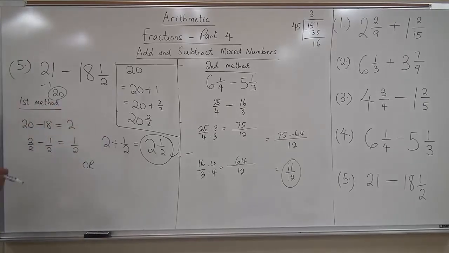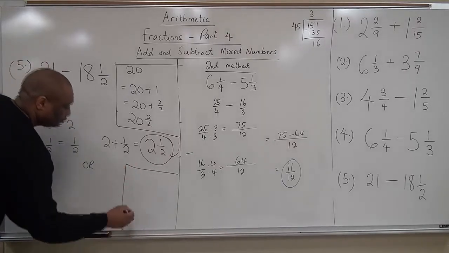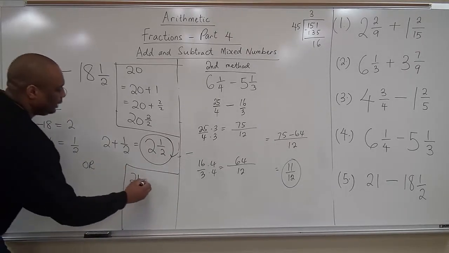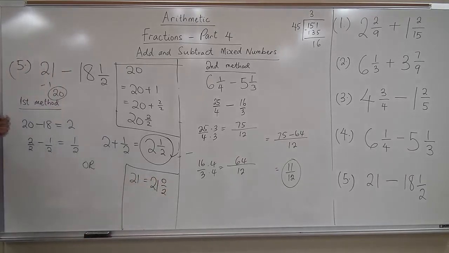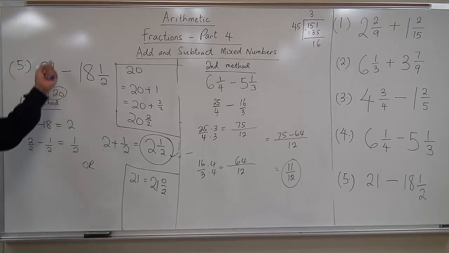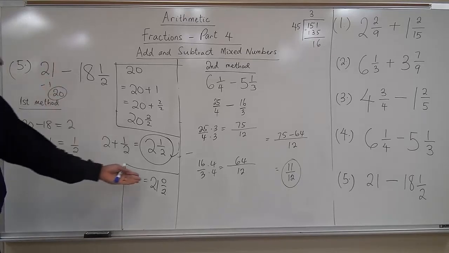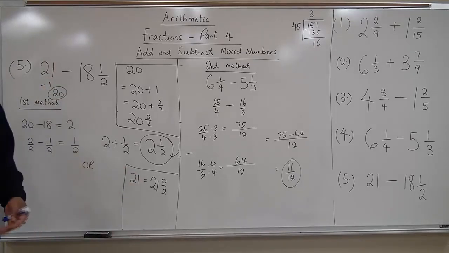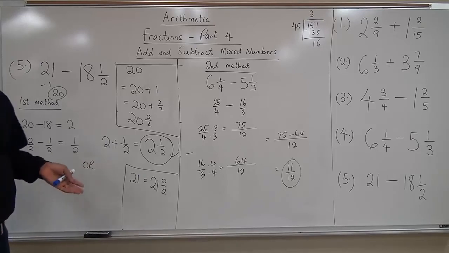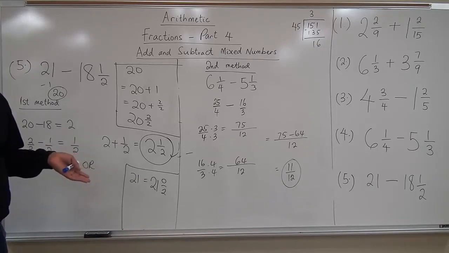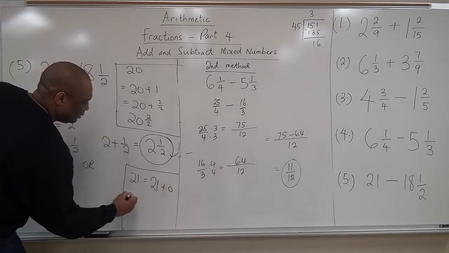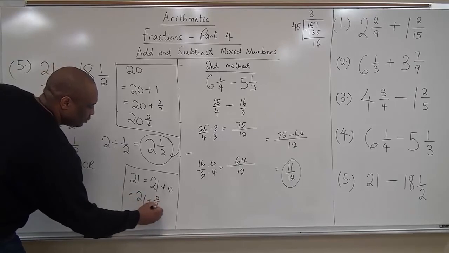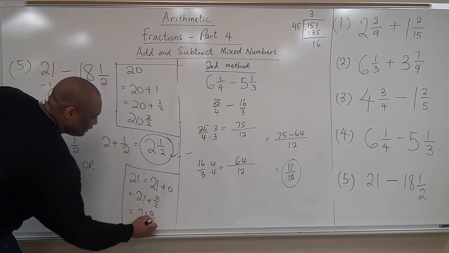Or, if you don't like what I just did, you can have 21 be 21, 0 over 2. I mean, you've got to put something here. It's like saying 21 plus 0 over 2, which is 21, 0 over 2.